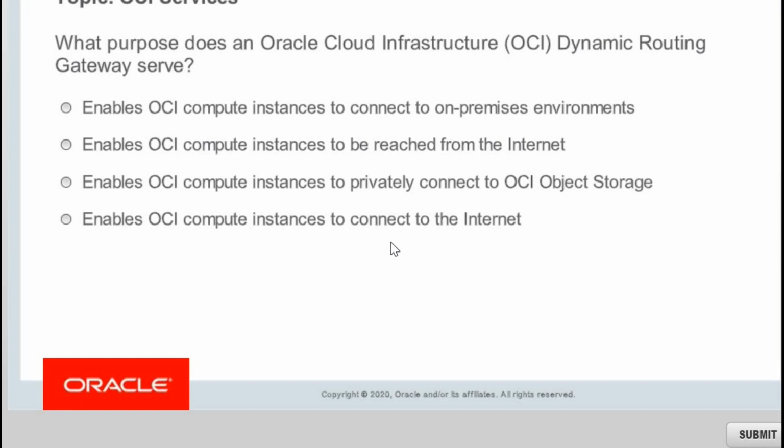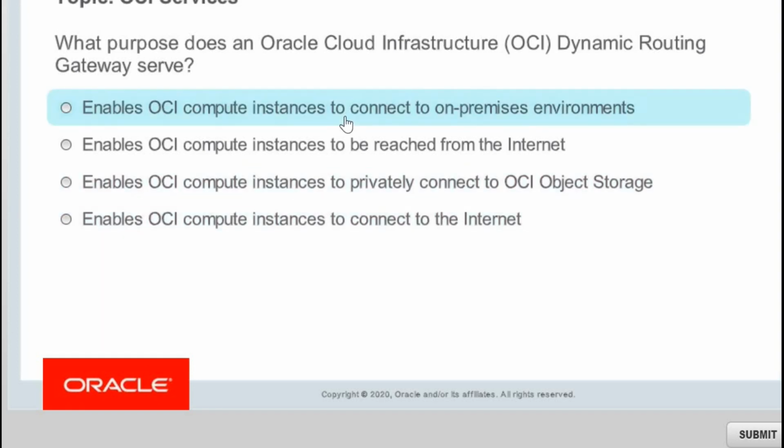What purpose does an Oracle Cloud OCI dynamic routing gateway serve? The DRG is a gateway that we use either for VPN purposes or to connect to object storage directly from on-premises. There are two types of DRG, public and private. I don't want to go that deep because it's a foundation exam.